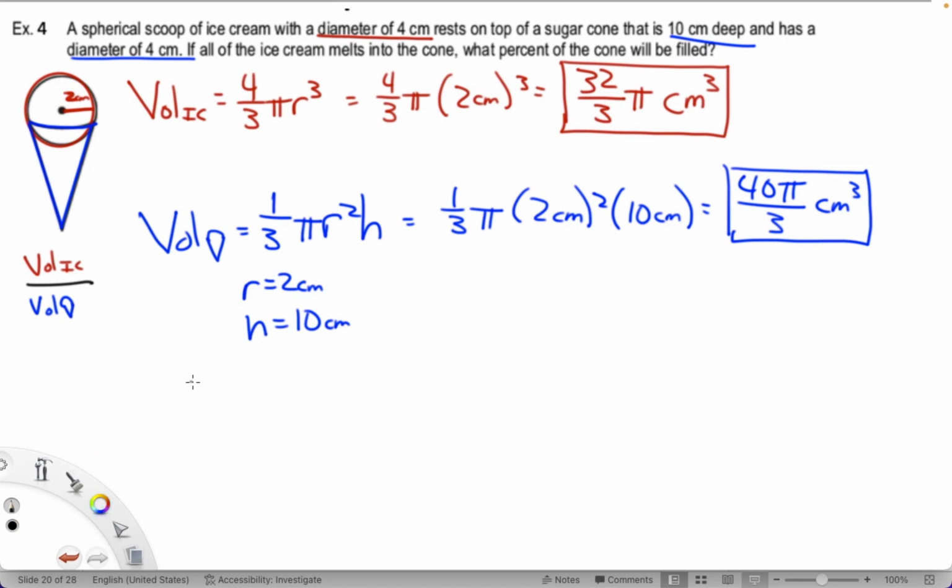And now finally, to find the percentage, which is what it's asking for, the percentage is just going to be the volume of the ice cream over the volume of the cone.